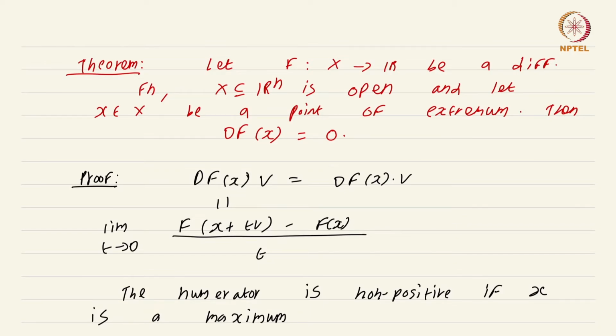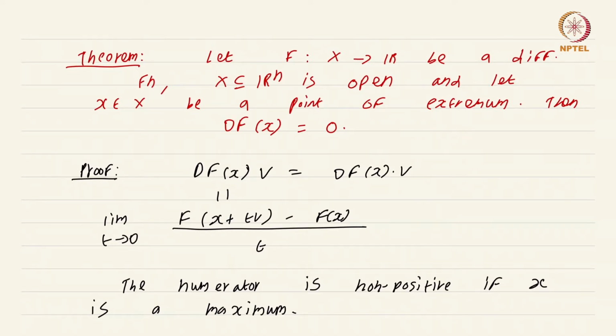Therefore, the numerator will be non-positive. This will be true for t sufficiently small. But the denominator will either be positive or negative depending on the direction of approach. If you are approaching from the right, it's going to be positive. If you're approaching from the left, it's going to be negative.